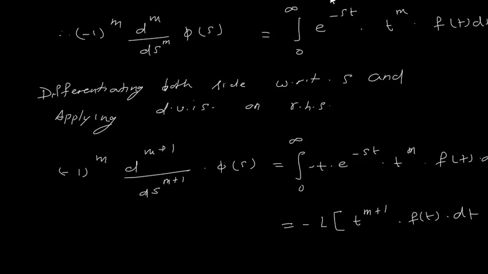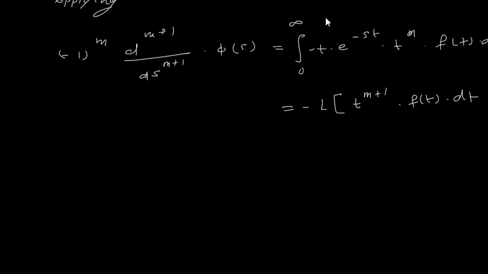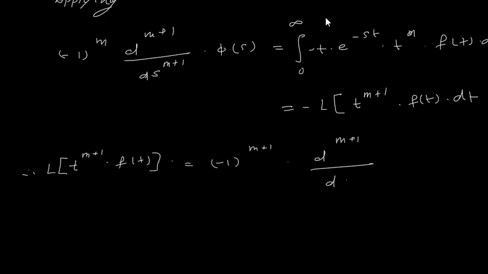Now this minus I will move to the left-hand side, therefore Laplace of t power m plus 1 into f of t is equal to, now this minus which is here moves to this side and we get (-1) power m plus 1 into d power m plus 1 upon ds power m plus 1 into phi of s.